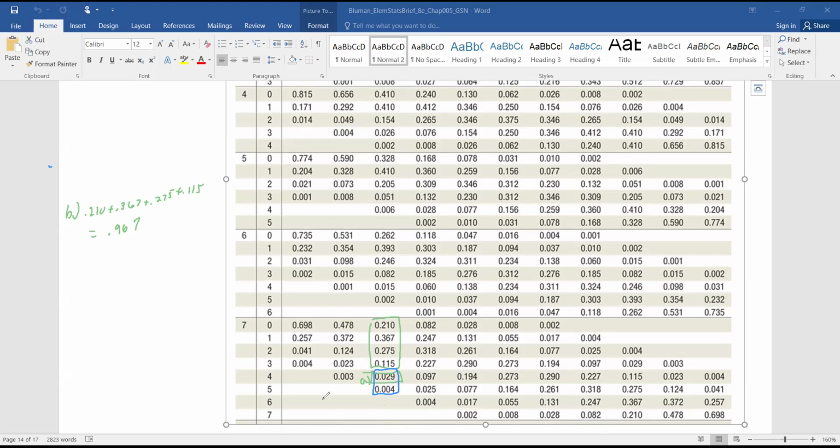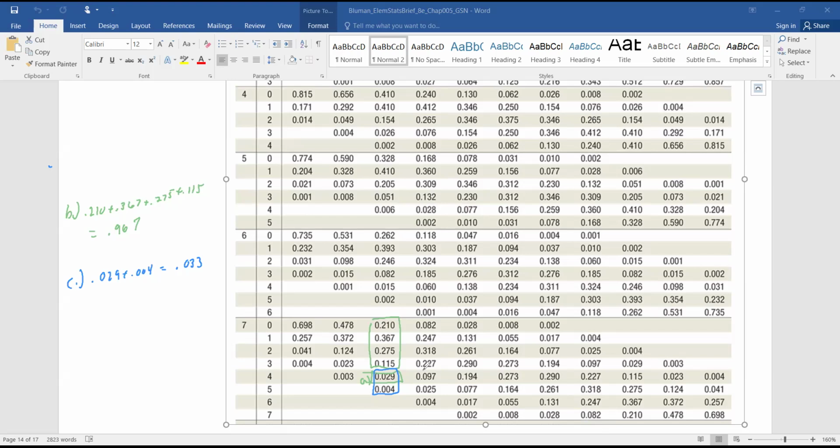The probability that 6 out of 7 kids at a 20% success, it won't happen. That's how small that number is. So for part C, I really just got to go 0.029 plus 0.004. You can add 0 if you want, but it's all going to come out to being 0.033. So there is a 3.3% chance that you at least get 4 or more children that want that toy.